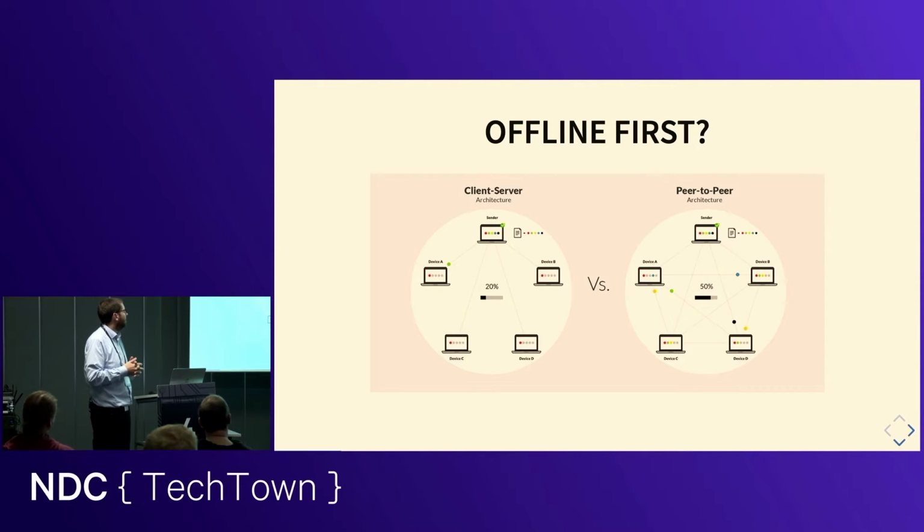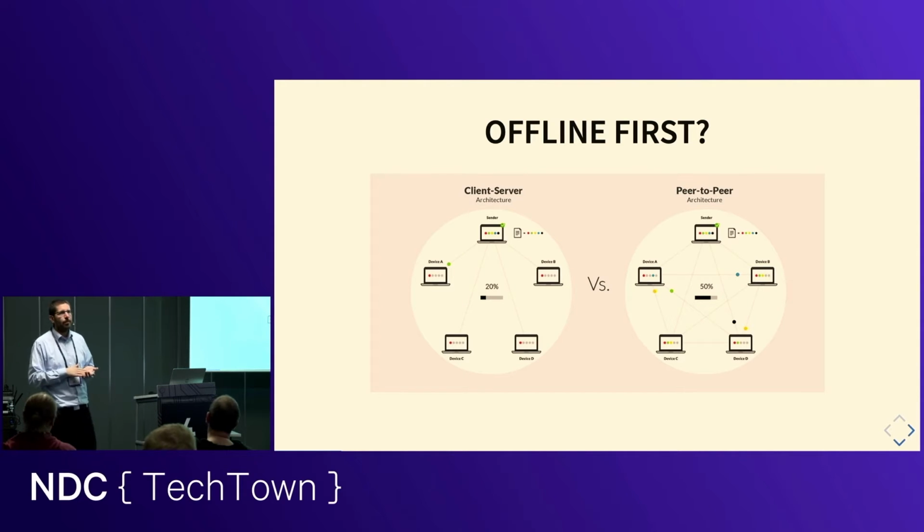And the answer is kind of, but not really. Again, if you look at Git, very often these days, Git usage is through GitHub. And then effectively you have a client-server architecture. But you still have this kind of local first capability, right? Because you have this clone of your data. And of course you can use Git in a peer-to-peer way, in the sense that you have a repository, you have another repository, you can always just pull changes from one to the other.